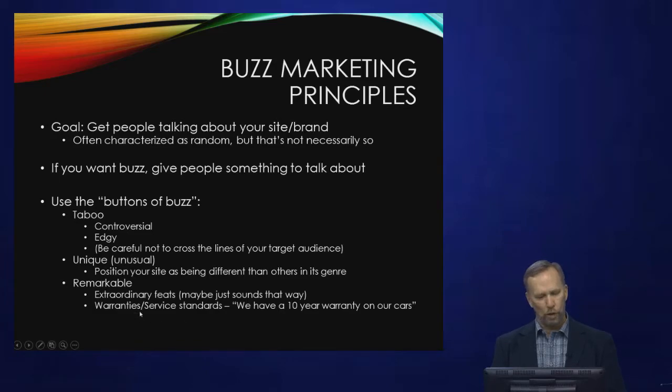You could provide a warranty or exceptional service. Nordstrom's is well known for its exceptional service standards. There's a famous Nordstrom's case where one of their customers had some tires on their car, and they'd had them on there for a while and worn them down pretty good, decided they didn't like the tires, and returned them to Nordstrom's. And Nordstrom's was more than happy to give the customer store credit for the substantial value of the tires.